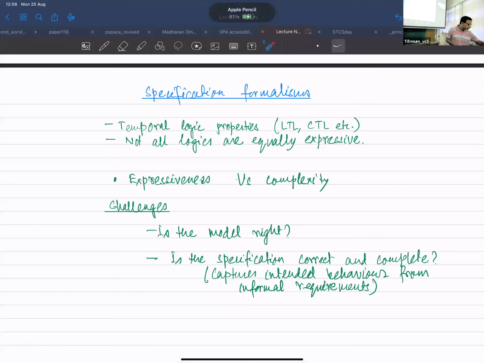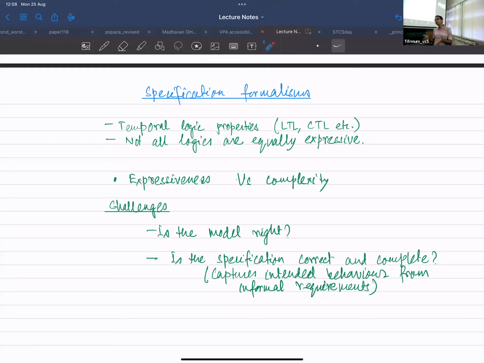Okay, and again, not all logics are equally expressive. Some logics are less expressive. So if you are talking about specifications, then we have to find the right kind of logic formulas, such that the logic is expressive enough to talk about that property.